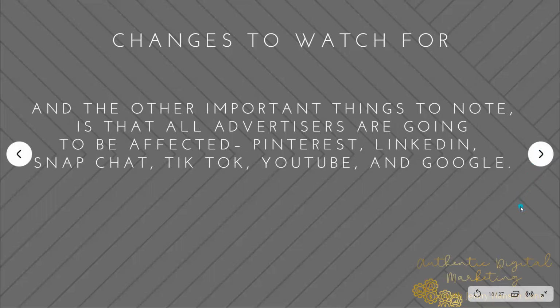Okay. So this is what we kind of talked about: Google, LinkedIn, Pinterest, Snapchat, TikTok, YouTube, anyone that has an iPhone is protected from literally any site if they opt out of it. Target, Chick-fil-A. And this is why a lot of companies are doing their own apps too.